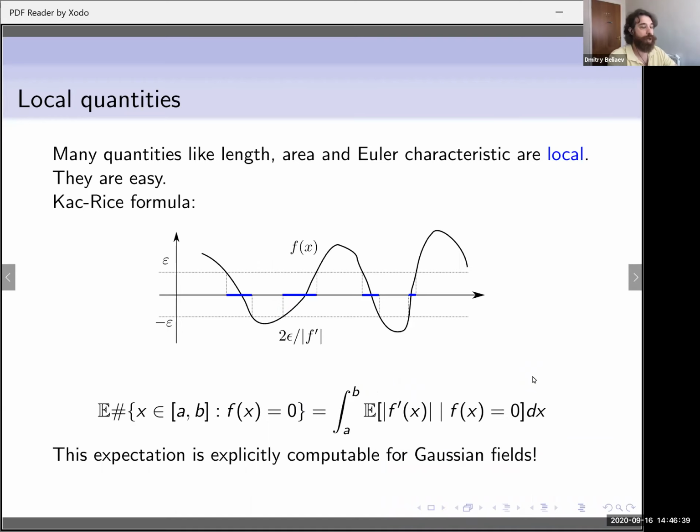Now, if you have now a random function and you want to compute, for example, expected number of zeros, then you just take expectation, pass to the limit, and what you need is integral of expected value of f prime conditioned on f being 0. And now this is the main reason why we look at Gaussian fields. So if f is a Gaussian function, then this conditional expectation is not that hard to compute. So the same formula is true even if f is not Gaussian.